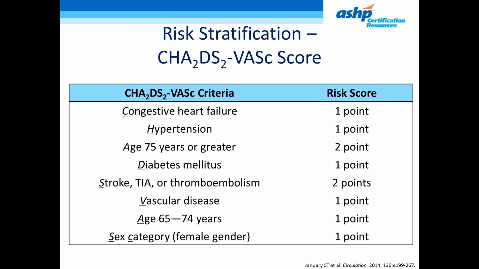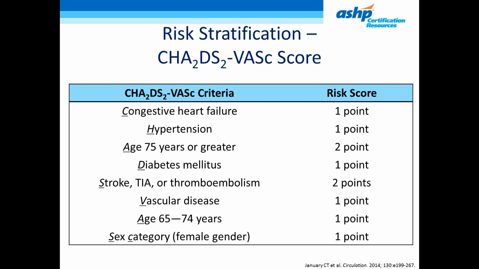Congestive heart failure would receive 1 point, hypertension receives 1 point, age 75 years or greater receives 2 points, a history of diabetes receives 1 point, a previous history of stroke, TIA, or thromboembolic event receives 2 points, a history of vascular disease, which includes myocardial infarction, would receive 1 point, patients in the age of 65 to 74 years receives 1 point, and finally the last is female gender, which is abbreviated as the sex category in the VASc part of the abbreviation, receives 1 point.